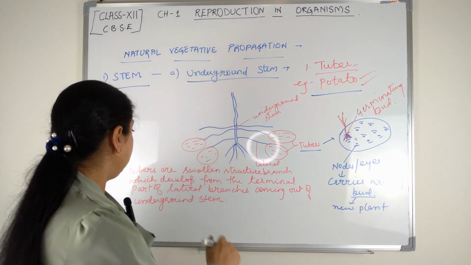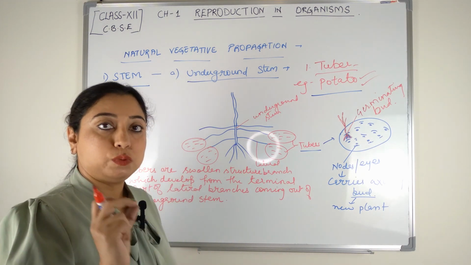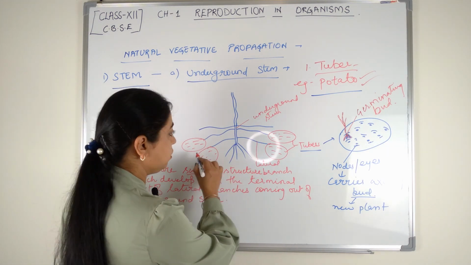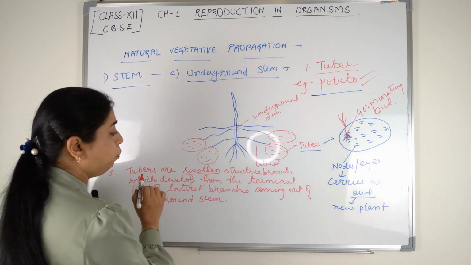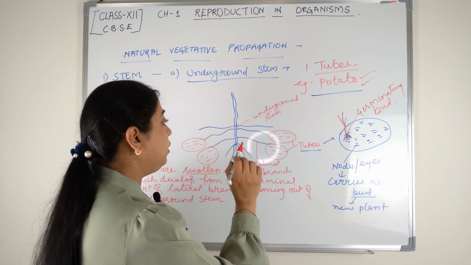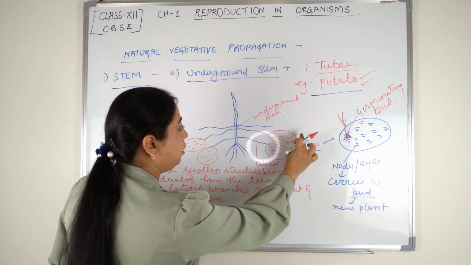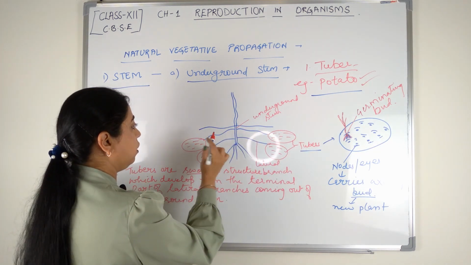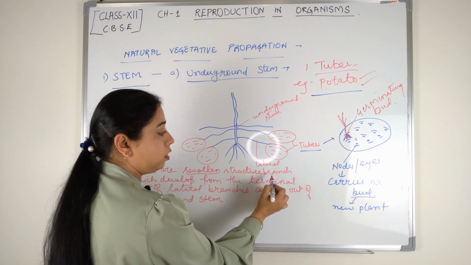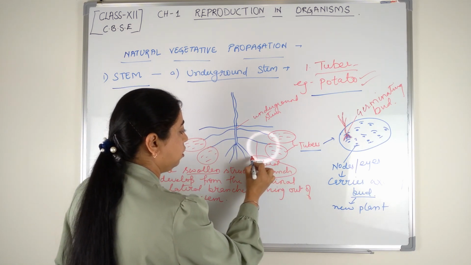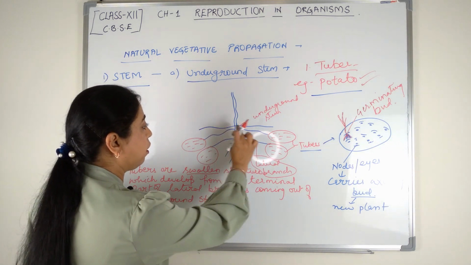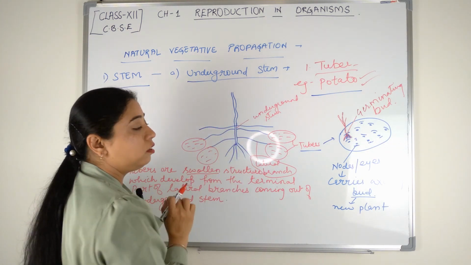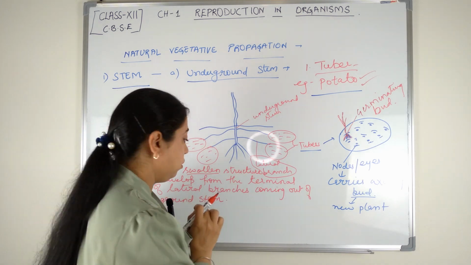Right? So tubers, what are they? They are swollen structures. As you can see, they are swollen structures which develop from the terminal part of the lateral branches, which are coming out of the underground stem, the main underground stem, right?